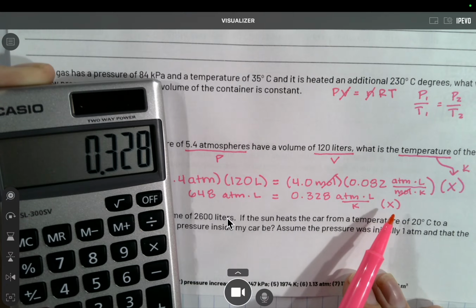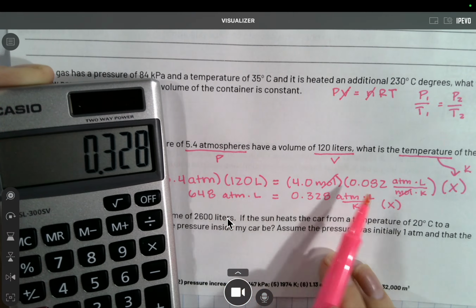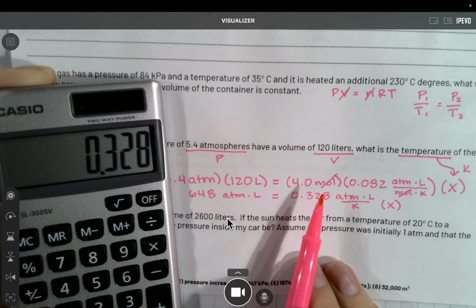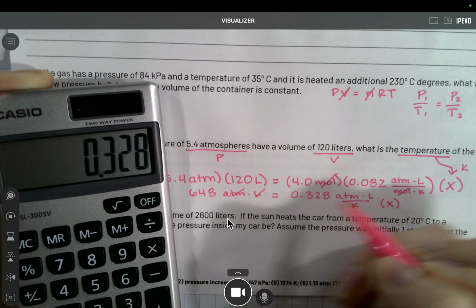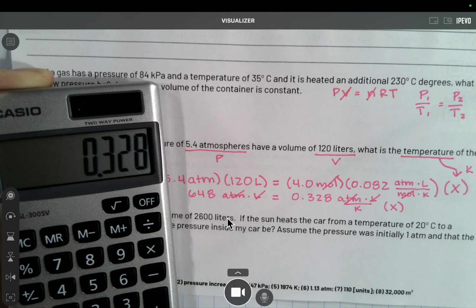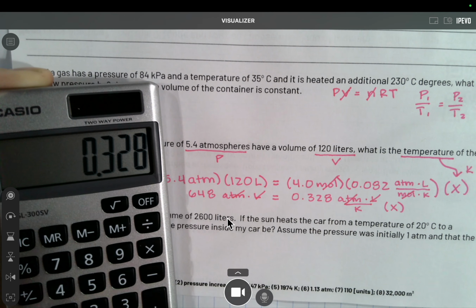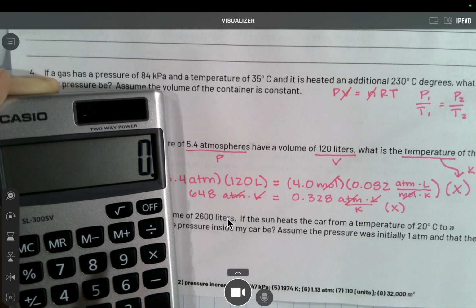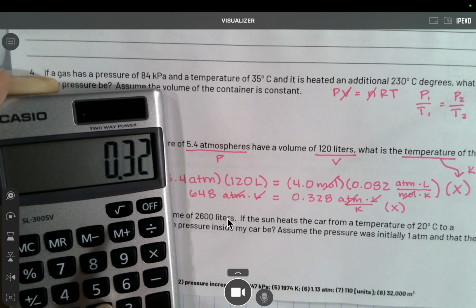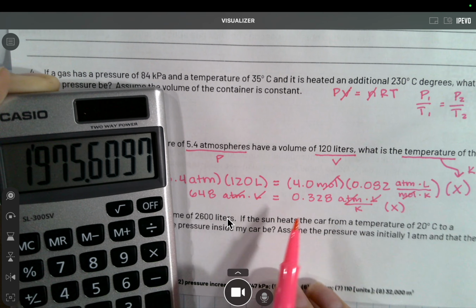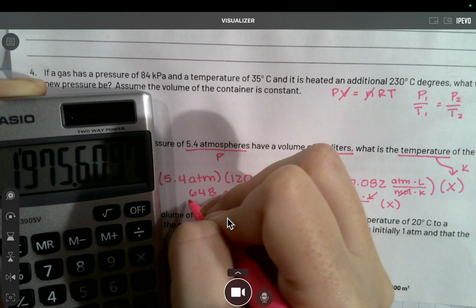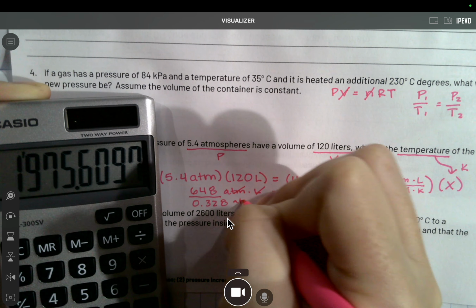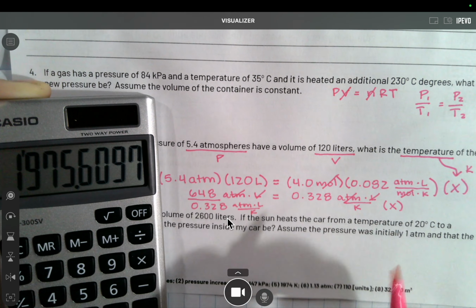So how do we get x by itself? Well, we're going to divide this side by this side. Now, automatically, if we divide atmospheres times liters by atmospheres times liters, we know the units are going to cancel out. We're going to be left with Kelvin. That's great. Can we do 648 divided by 0.328? Yes, what do we get there? So this divided by 0.328 atm times liters over Kelvin.